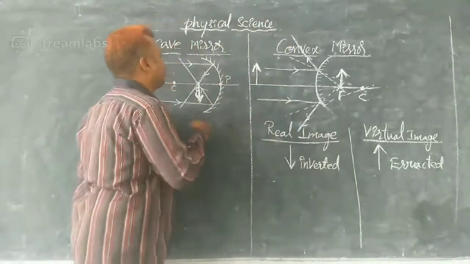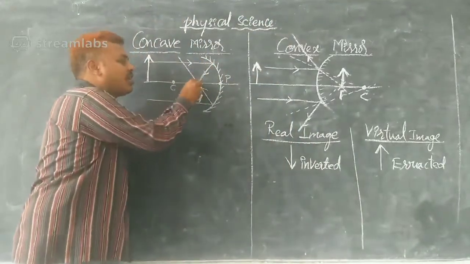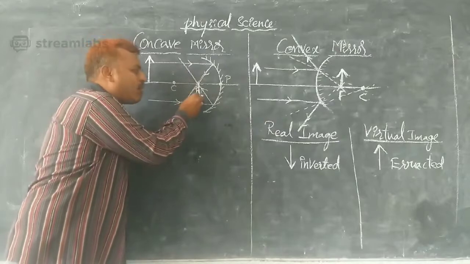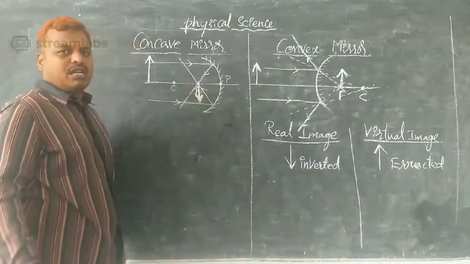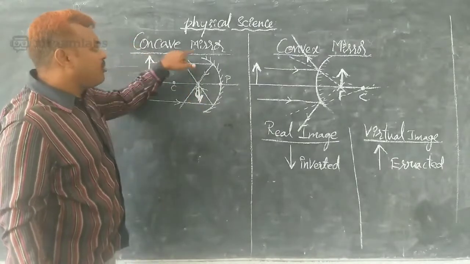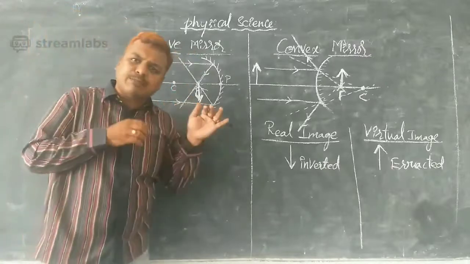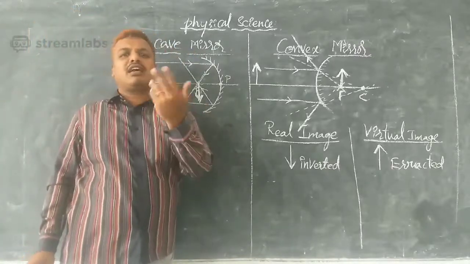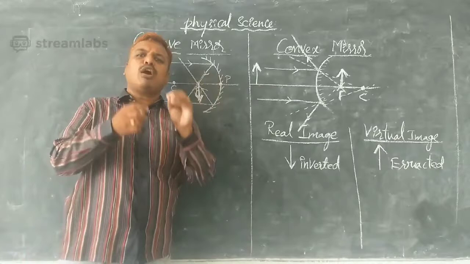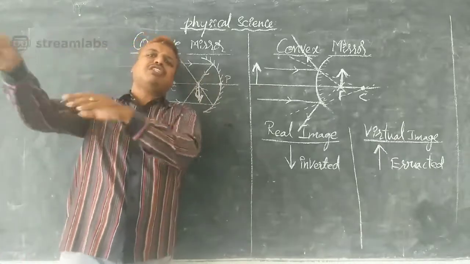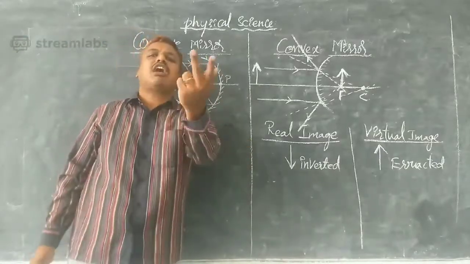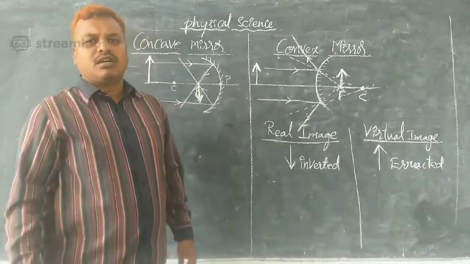Similarly, here also, when light rays come and join at one point, they form your image. So here in concave mirror, because it is a spherical mirror. If it is a plane mirror, there is no doubt whatever object you place, the same image is formed, isn't it? But in the reverse, opposite direction, that's all.